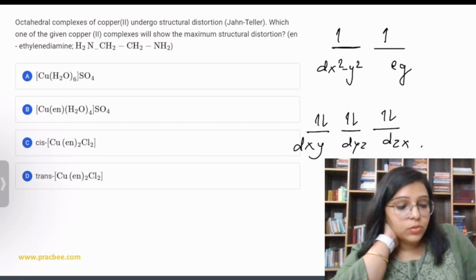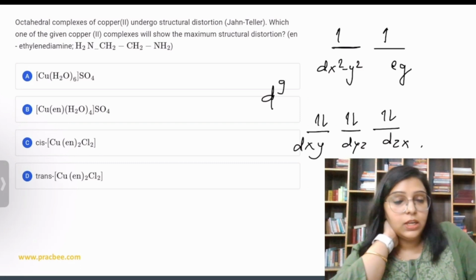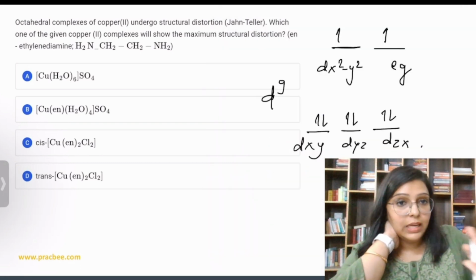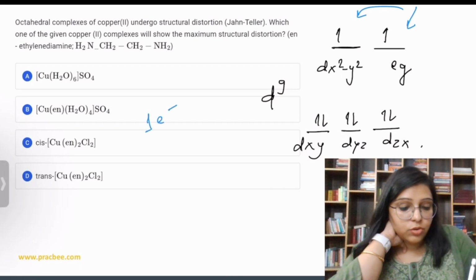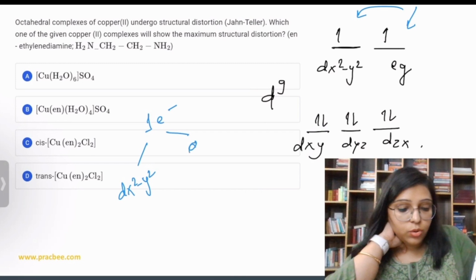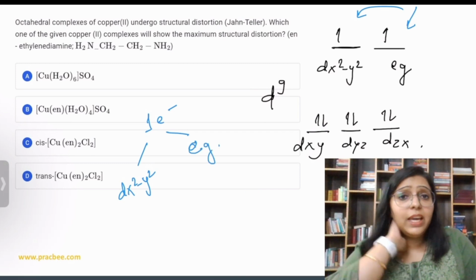This is the d8 configuration. Now in d9 configuration I have to fill one extra electron. If I fill one electron, it can either go to dx square y square or it can go to dz square.